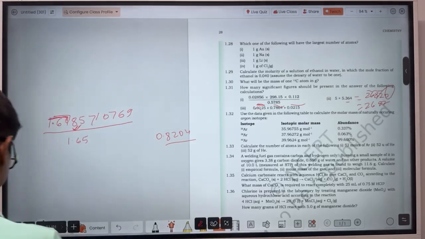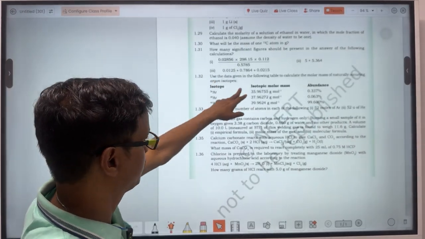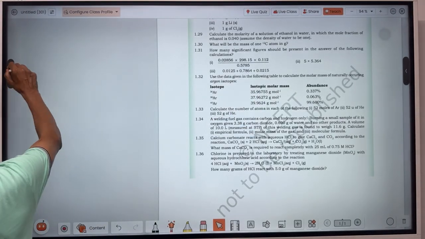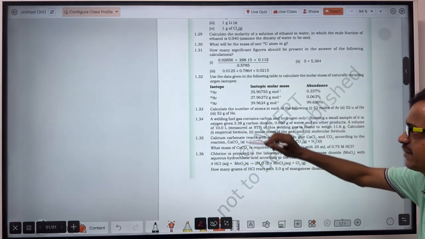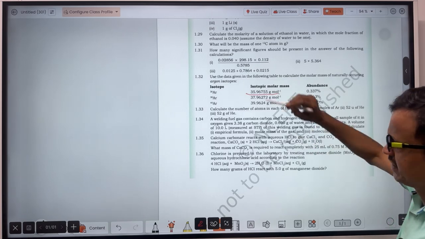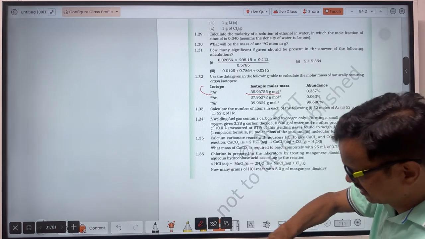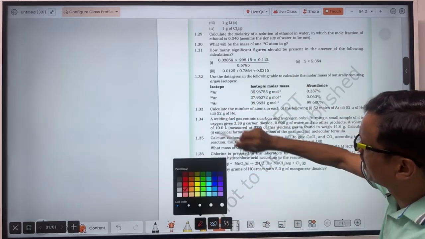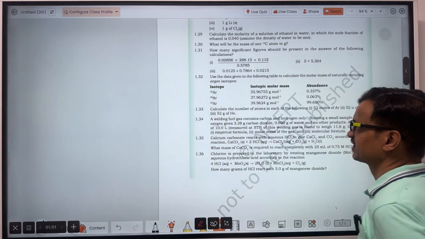Okay. Now this question. I have already discussed this type of question, so I will just hint if you feel difficulty. Argon 36 has a relative atomic mass, or isotopic molar mass. That is called the isotopic molar mass, also called the relative atomic mass, of argon 36.